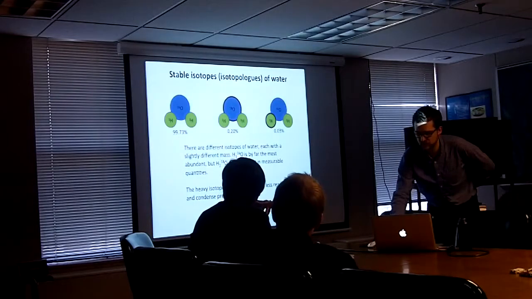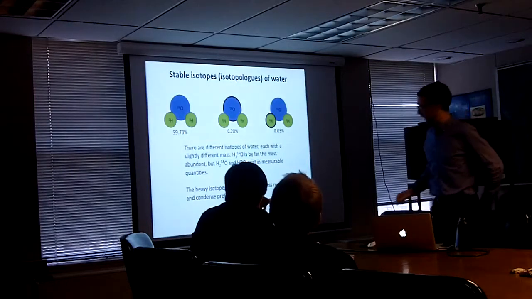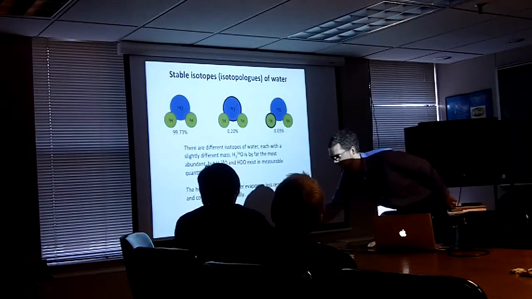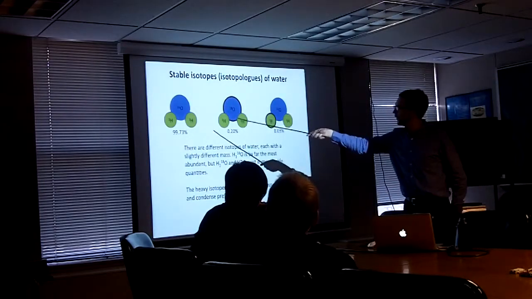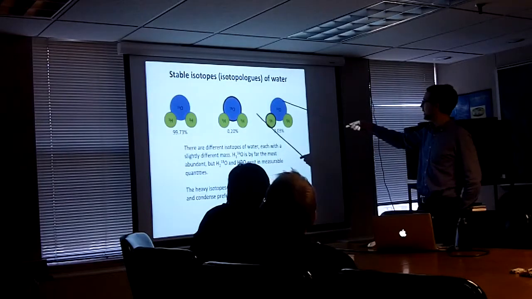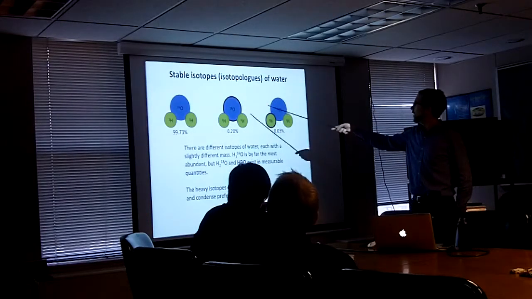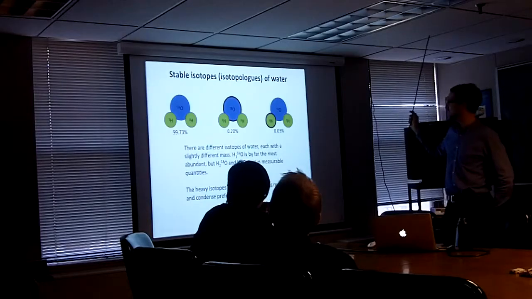I'll just start off with a few definitions, as these aren't everyday quantities. Water comes in a few different varieties. Regular water, H2O, is by far the most abundant, but there are two isotopologues, we'll just call them isotopes, that exist in small but measurable quantities.